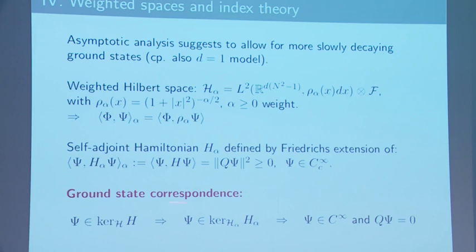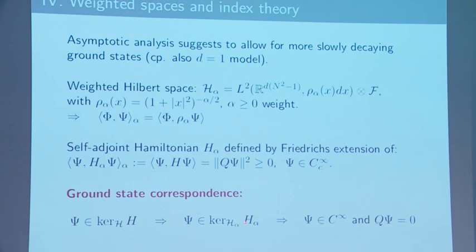But then there is an interesting ground state correspondence here. Say that we had a state which is a ground state of the original problem, so it's in the original Hilbert space and it's a zero eigenfunction of the Hamiltonian H. But since this deformed, or weighted, Hilbert space is just bigger, you allow for more things here.